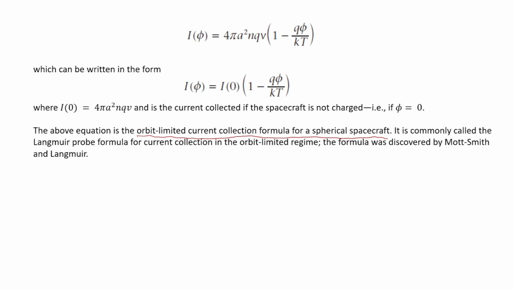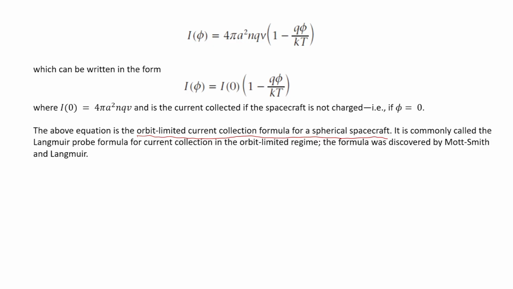Okay. So, when the spacecraft is not spherical, it will have a complex geometry. We will show the technique we use for that, but considering the very ideal spherical condition, you can find this current collection formula by using the probe theory. And this is called the Langmuir probe formula for current collection in the orbit limited regime.